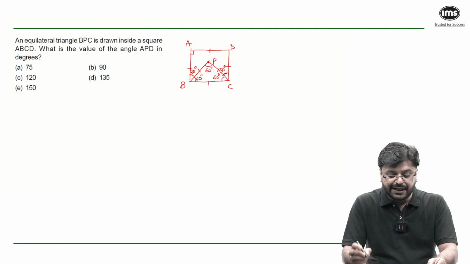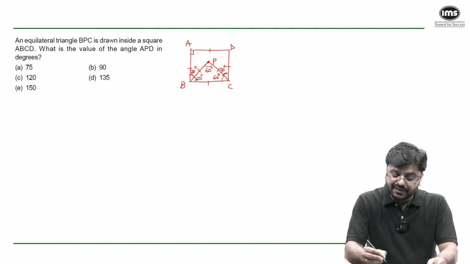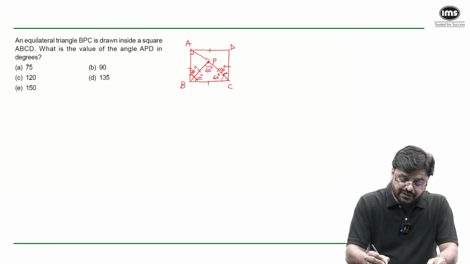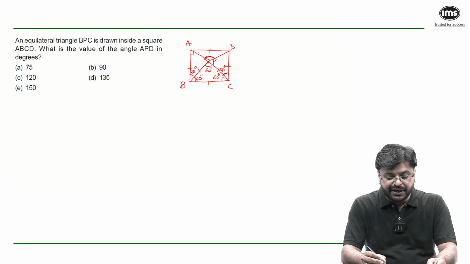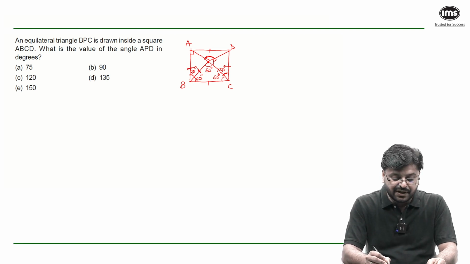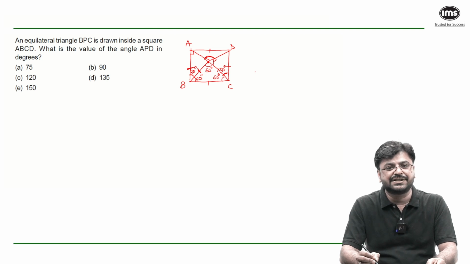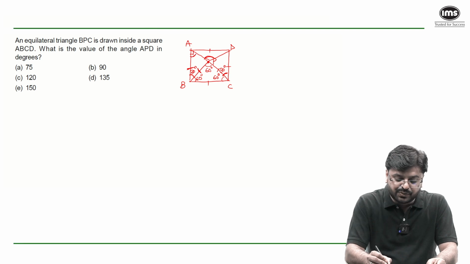We need to find angle APD. So, join AP and DP. We need to find this one. Now, in triangle ABP, AB equal to BP, which means it is an isosceles triangle. And in case of an isosceles triangle, angles opposite to the equal sides are equal, which means these 2 angles must be equal.